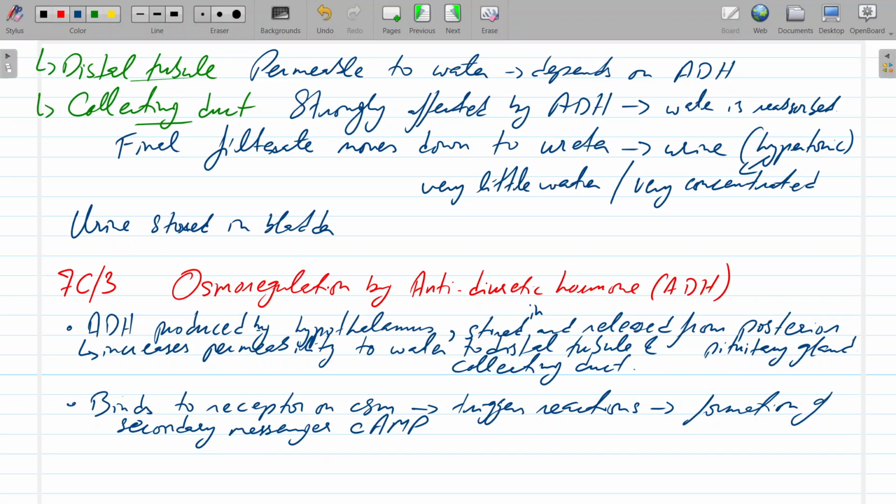And then the cyclic AMP goes on and takes part in another series of reactions.